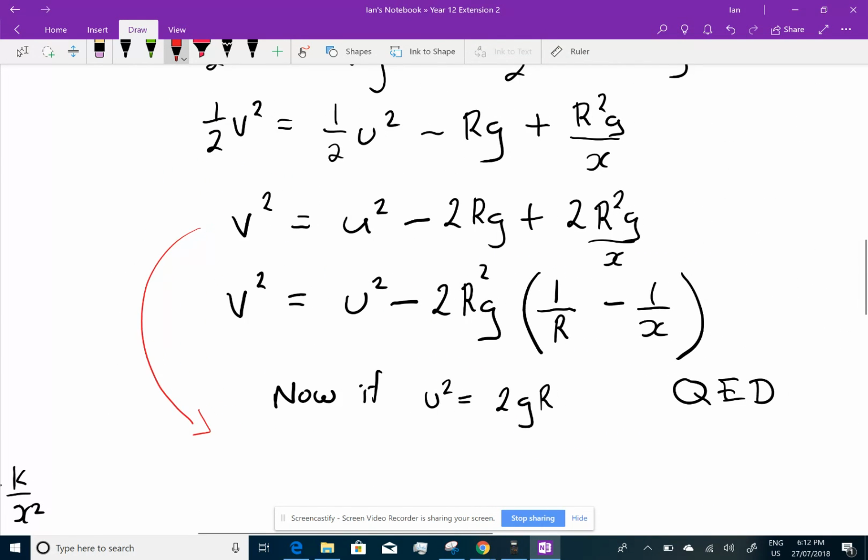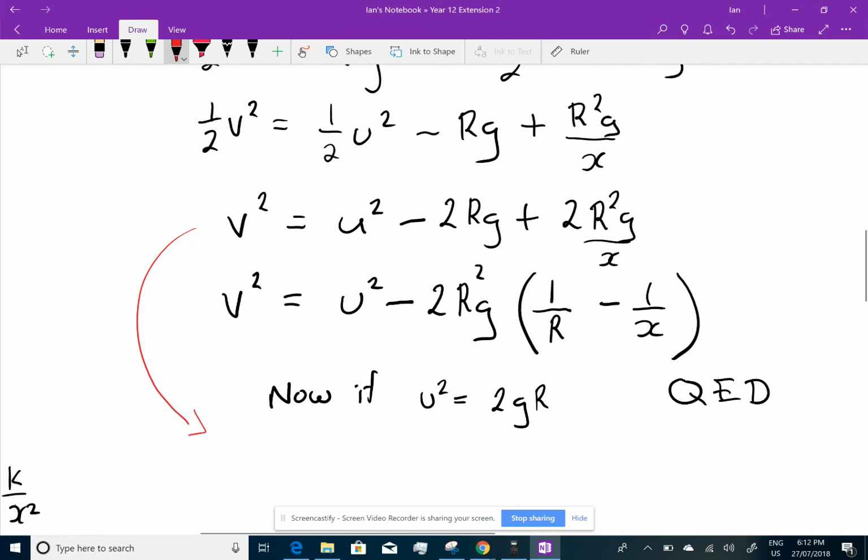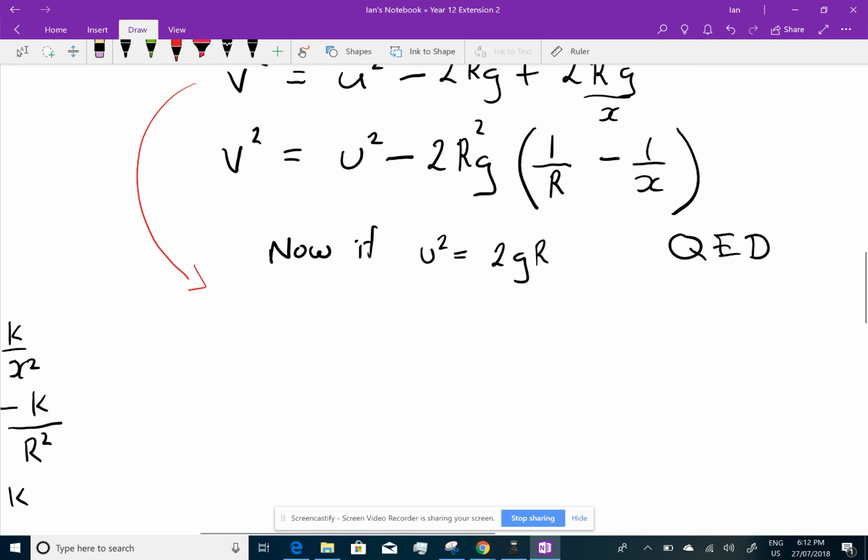If u squared equals 2gr, let's see what we get. So v squared equals u squared minus, sorry, it's not the u squared.